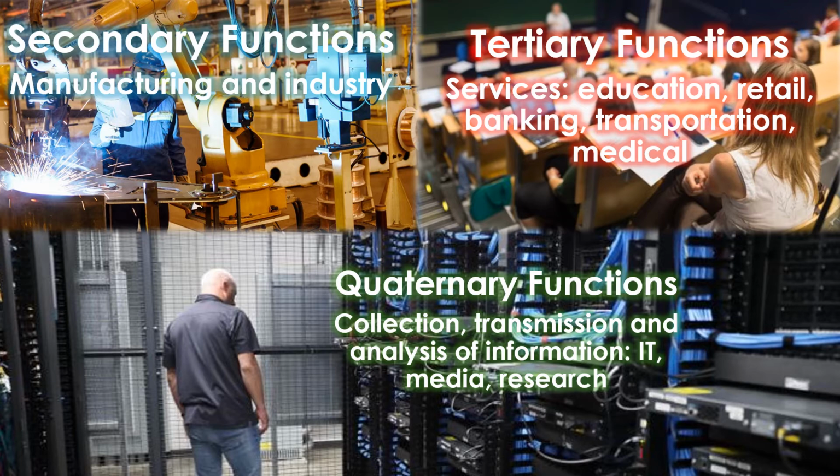What we're finding these days is that tertiary and quaternary functions are becoming more dominant. As we go up the urban hierarchy to the conurbation and the megalopolis, the top ones, the functions get more and more complex.